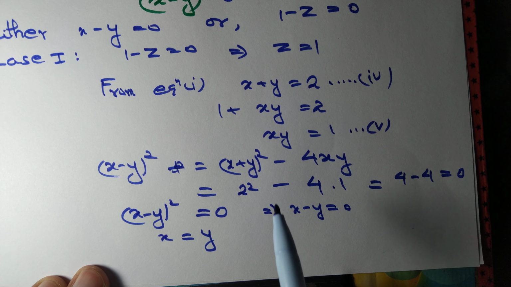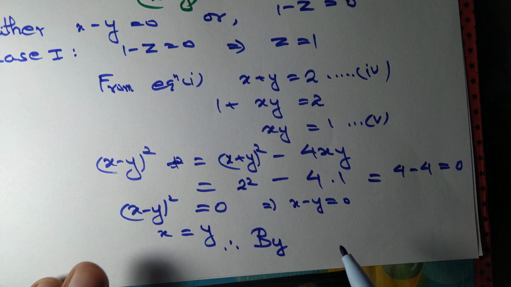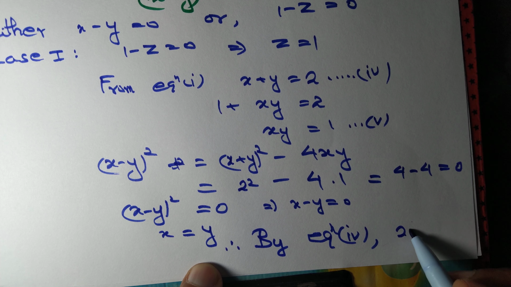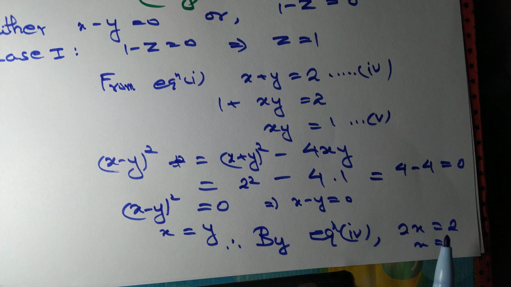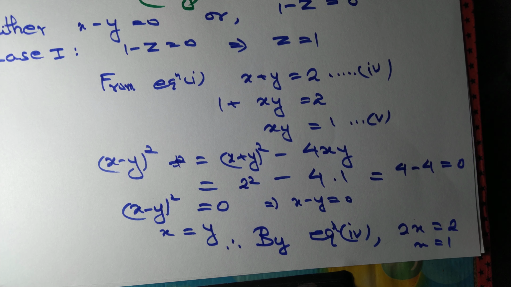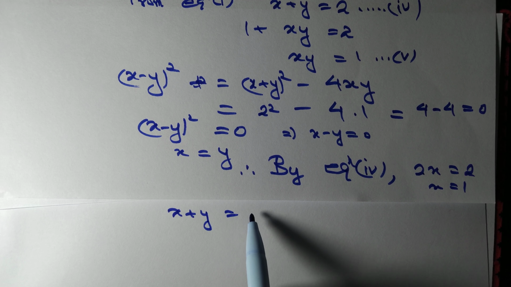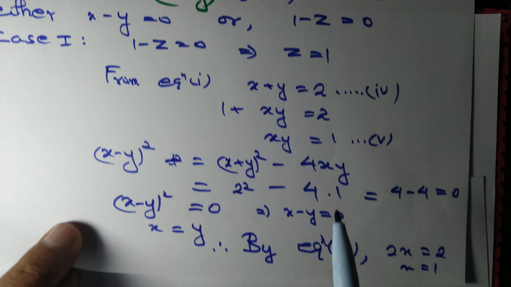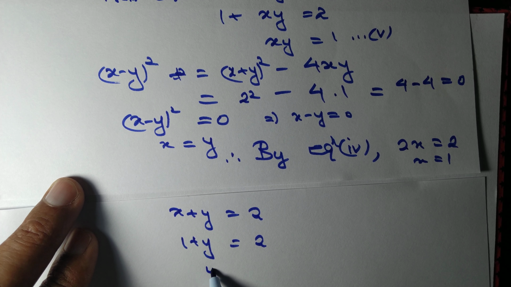Now let's write x equal to y once again in equation 4. Therefore, by equation 4, 2x equal to 2, so x equal to 1. So we obtain x equal to 1, and then again by equation 4, x plus y equal to 2, but x equal to 1, so 1 plus y equal to 2, so y equal to 1.